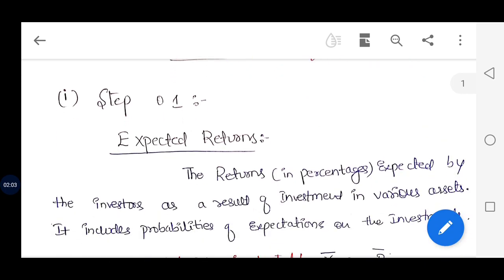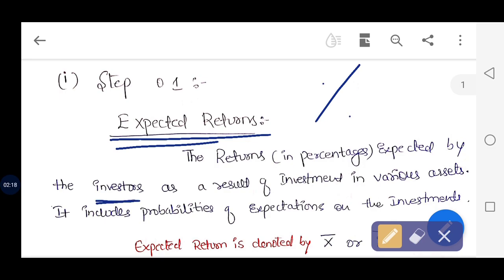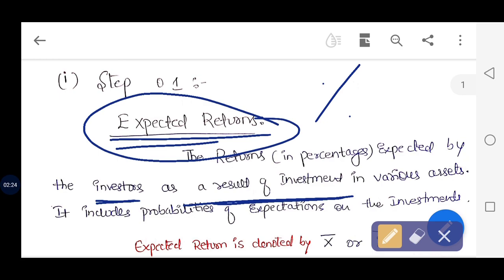The simple step one is we need to calculate the expected returns. Expected returns means whatever the percentage of profit one investor is expecting as the result of the investment, that is called expected return.